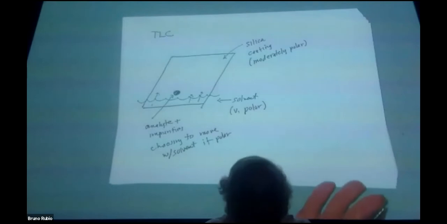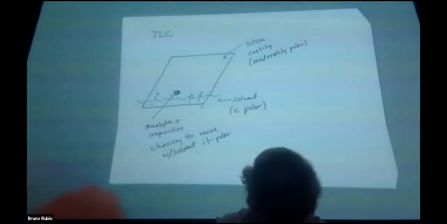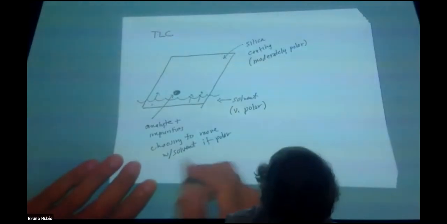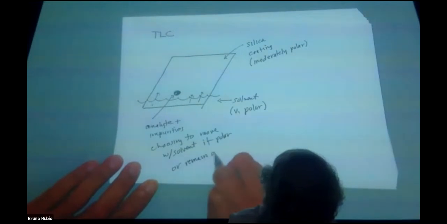Because a polar substance likes a polar solvent, choosing to move with the solvent or remain on the silica.